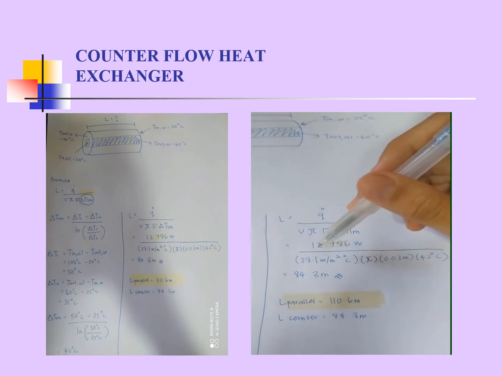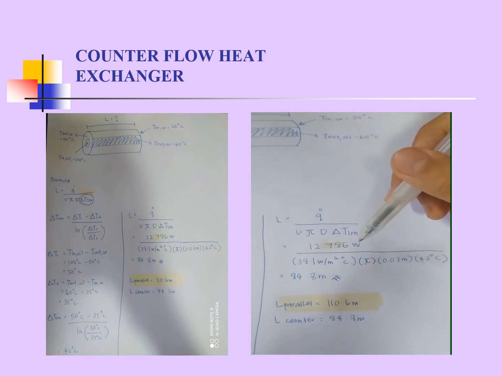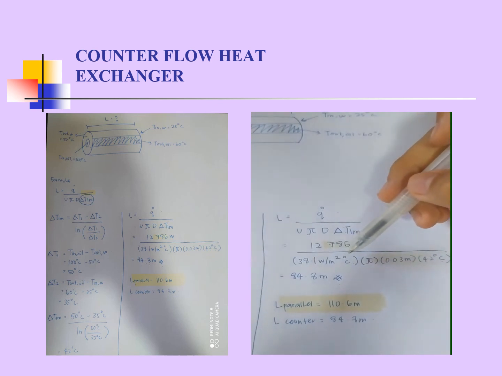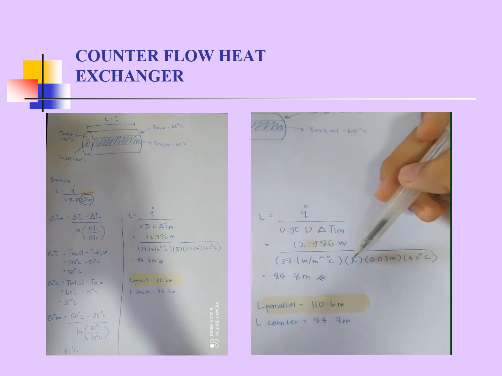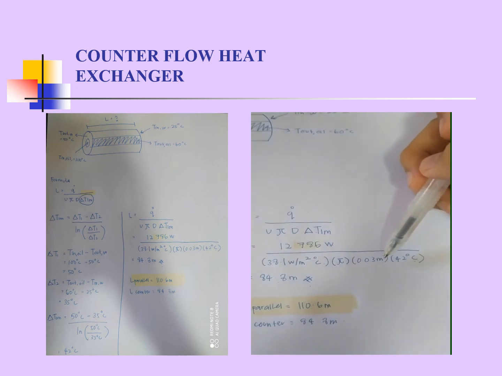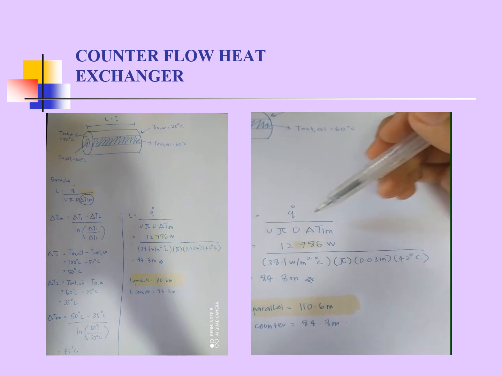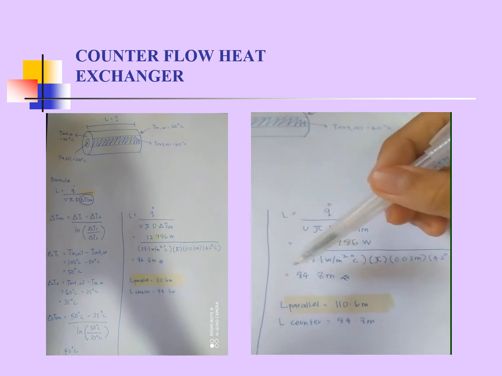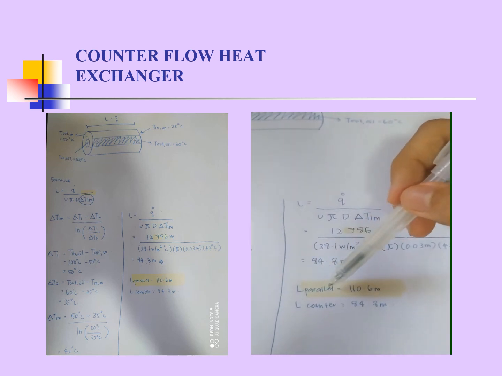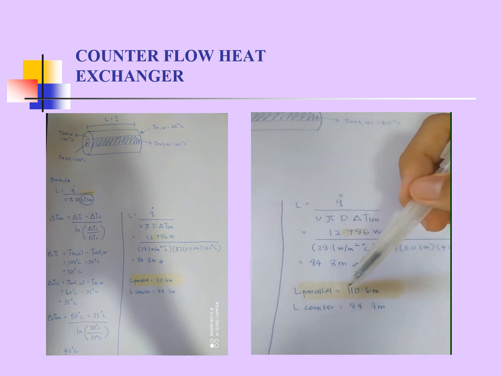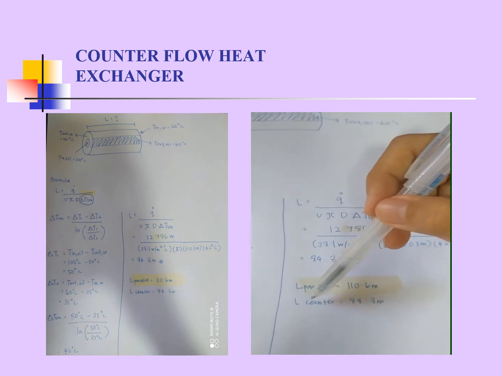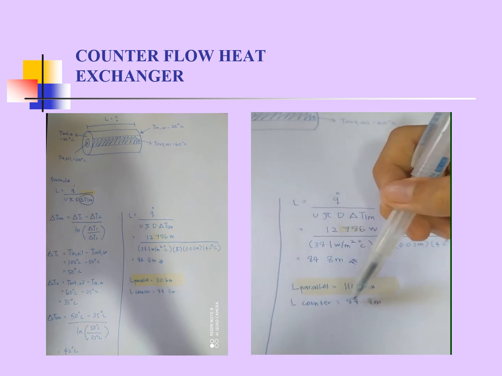Q is 12,786 watt divided by U 38.1 watt per meter square degree Celsius times pi times diameter 0.03 meters times delta T log mean 42 degrees Celsius, and the answer is 84.8 meters. So for L parallel the answer is 110.6 meters, and for L counter it is 84.8 meters.